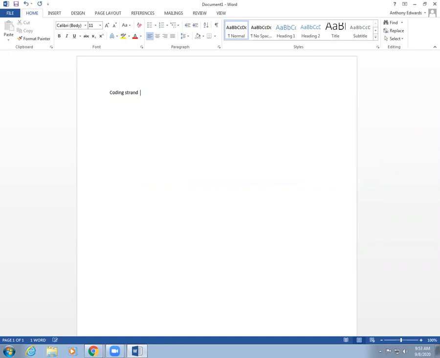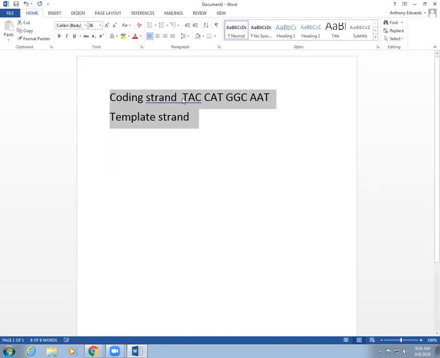We have A, C, G, and T. So that's our coding strand of DNA. Let's make this larger so everybody can see it.